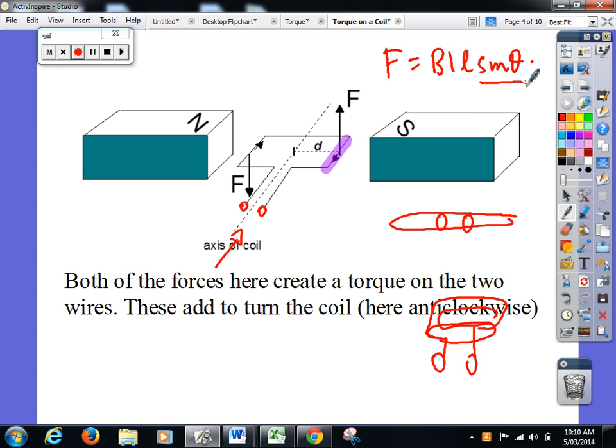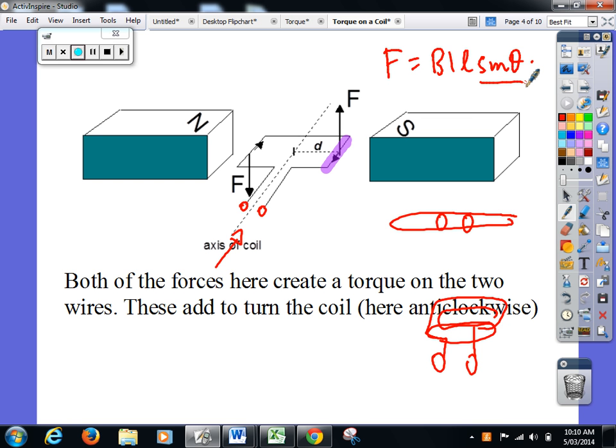Imagine that the left side of the room is the north pole, and the right hand is the south pole, and that's the wire. Now, at what angle is it to the field? There's the field that way. It's 90 degrees. All this is doing is moving from here to here.